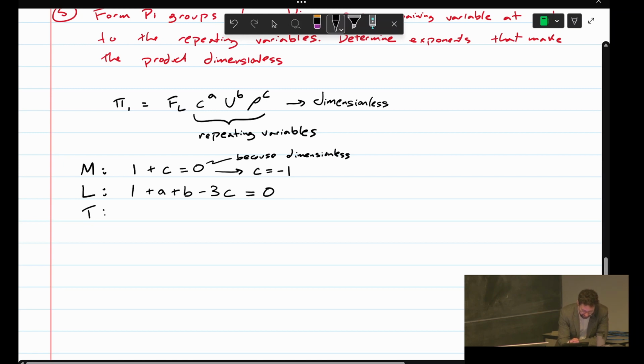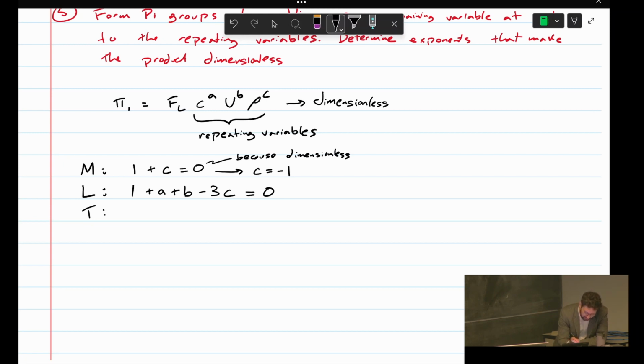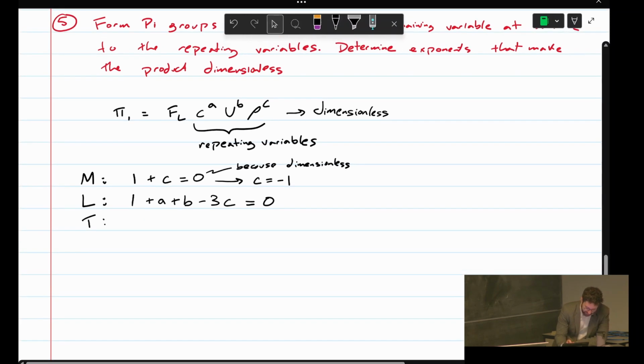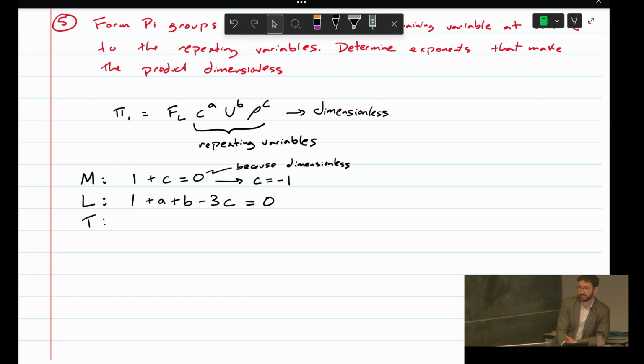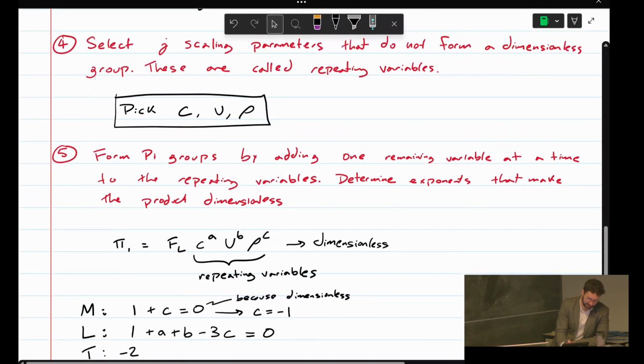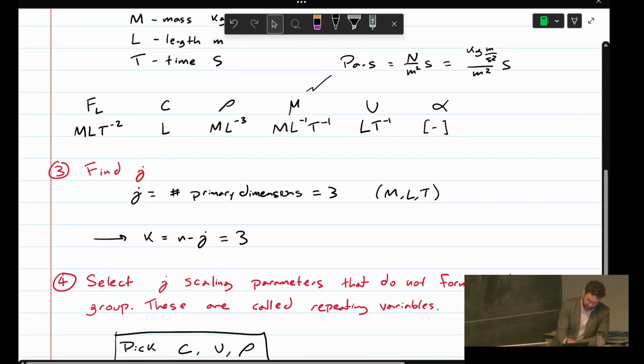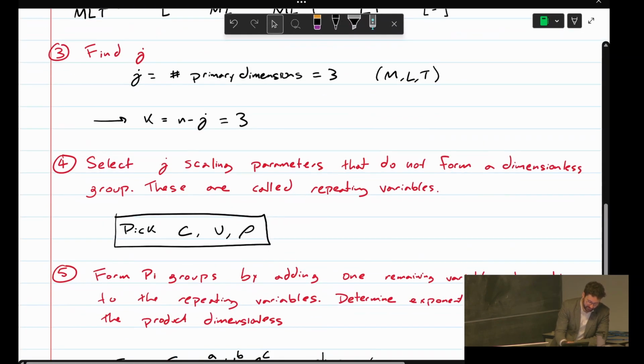But let's do our last equation here. Okay, so what's the first entry in this equation? -2, right? Because our force has units of M L T to the -2. So kilograms meters per second squared.